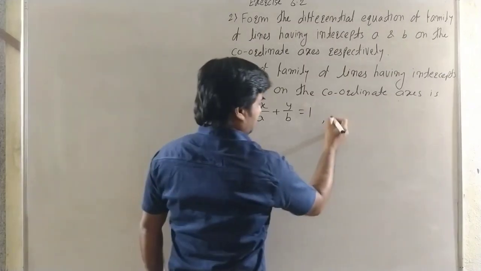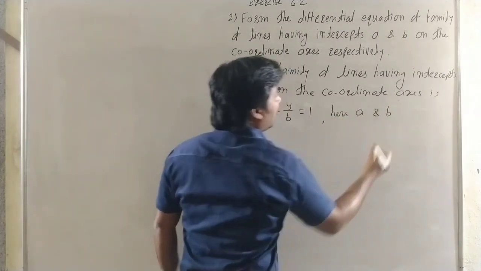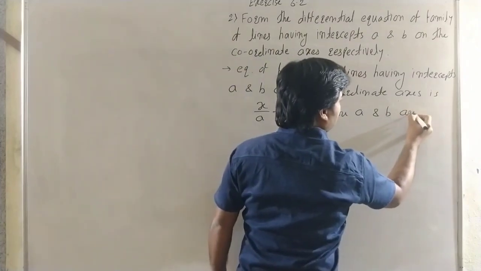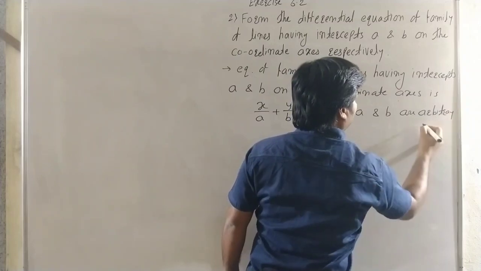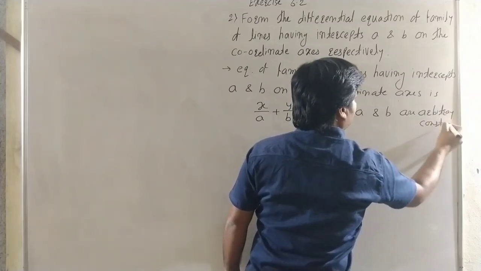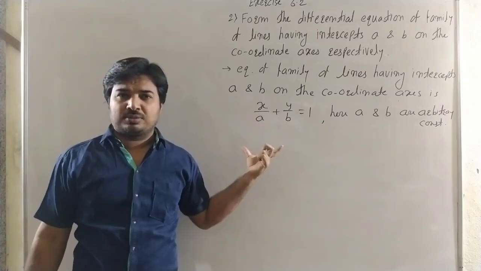Now here a and b are the arbitrary constants. That means there are two arbitrary constants.